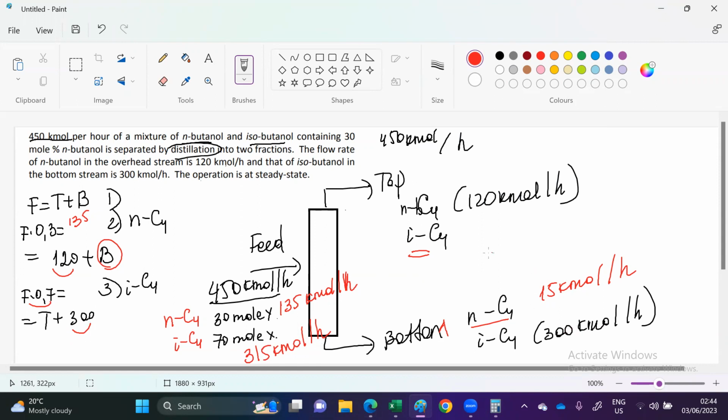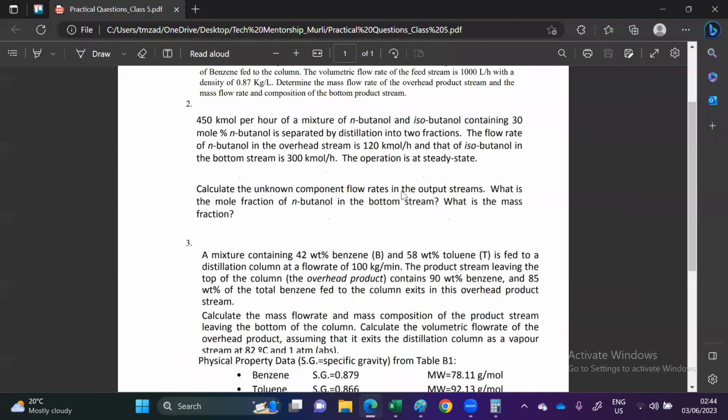Okay, and the remaining one will be in the top, right? 300 is in the bottom, 315 in the feed, and the remaining one, 15 kilomole per hour in the top. So we have done all balance around this distillation column for normal and isobutanol. In the question, it was asked to find unknown flow rates. It's completed.